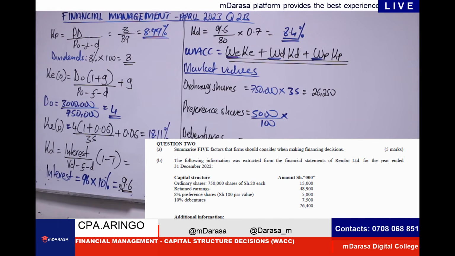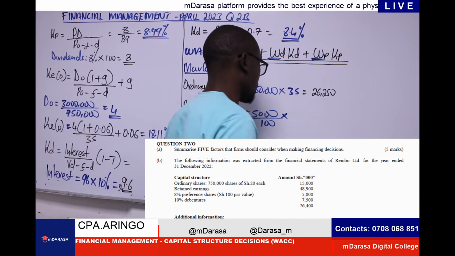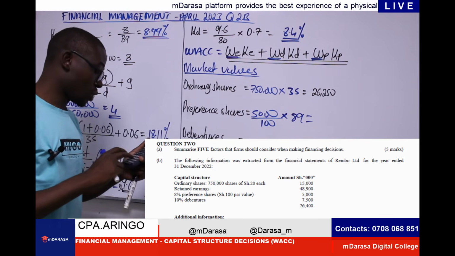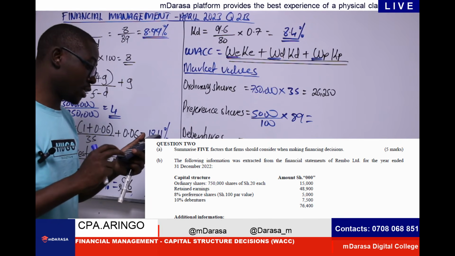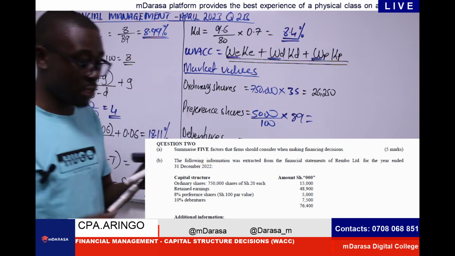Currently they can go at 89. So we multiply by 89. So 5,000 divided by 100 times 89. Mwalimu is getting 4,450. You can confirm on your end if we are arriving at the same values. Just confirm on your end.